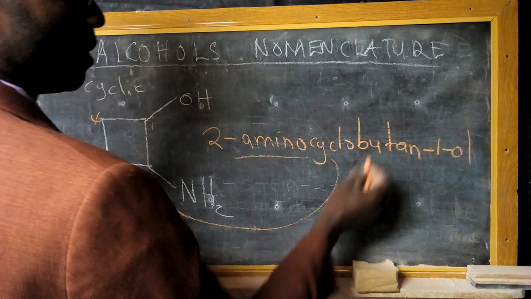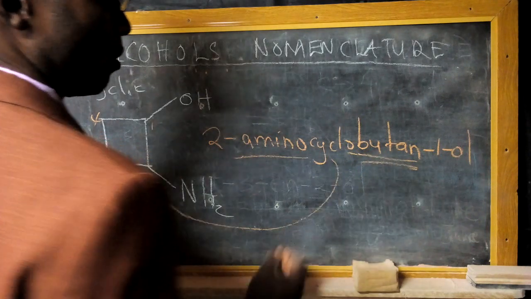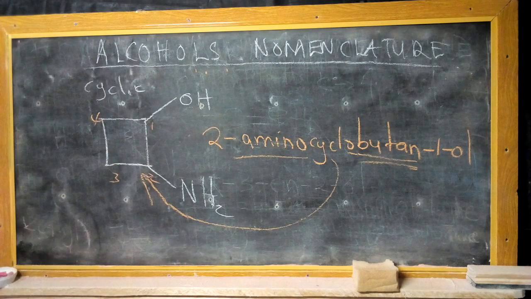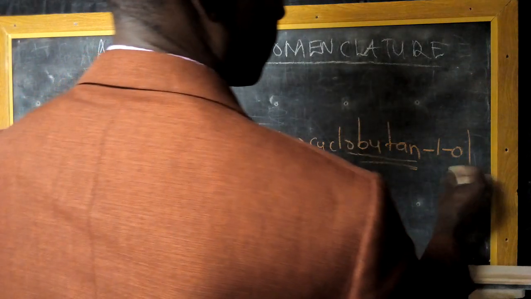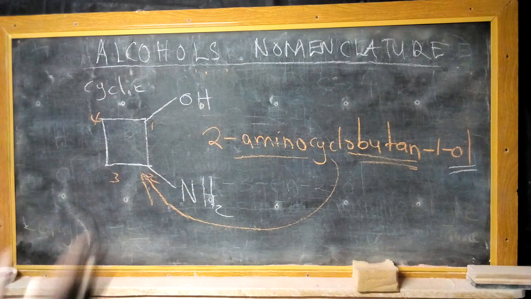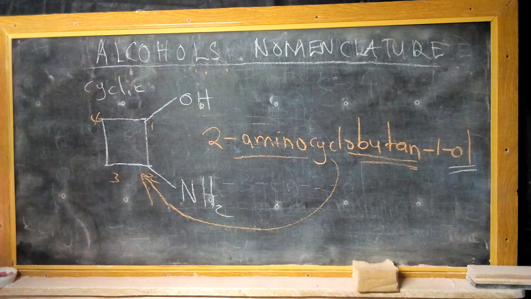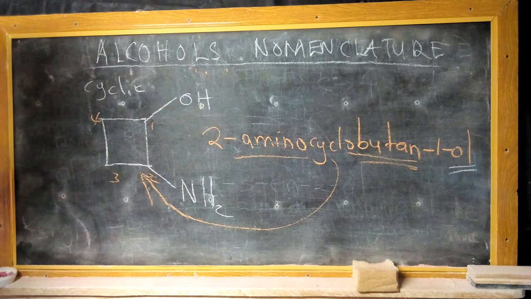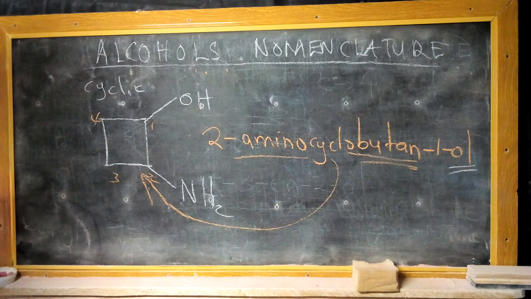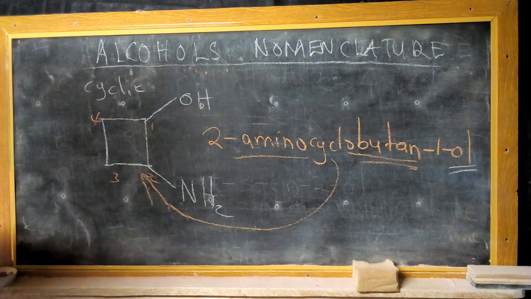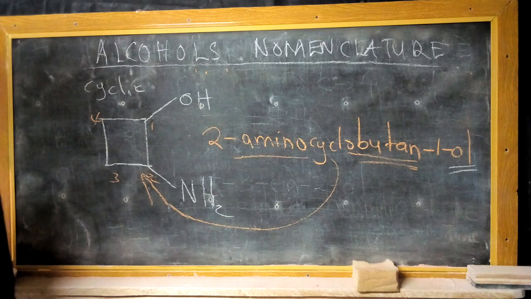And the parent names of the compounds we have discussed are derived from the alkane series of organic compounds. And then there is a characteristic ending for alkenes, alkynes, alkanes, and alcohols. Now, for the case of alcohols, it ends with the suffix ol. So this one, in combination with the others, will give us a clue or have a consistency on how different organic compounds are being named.